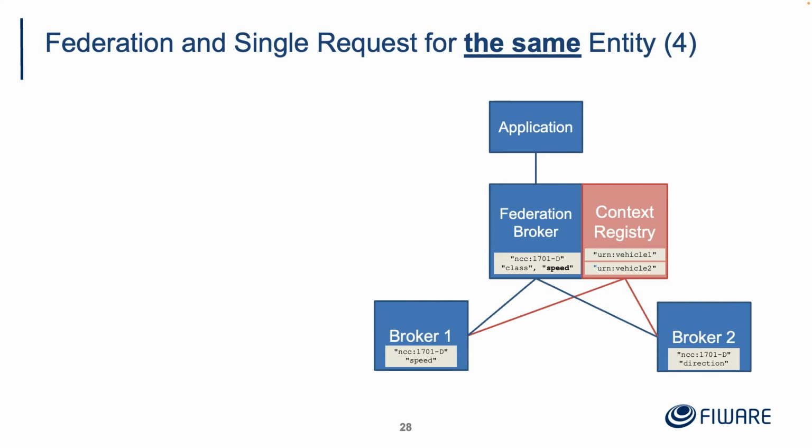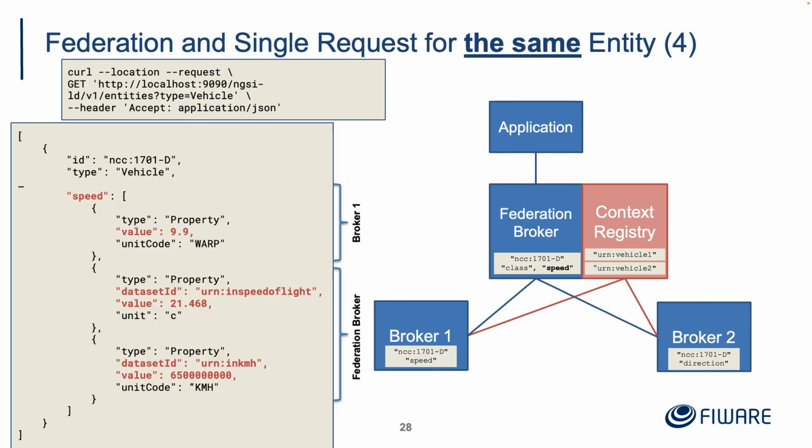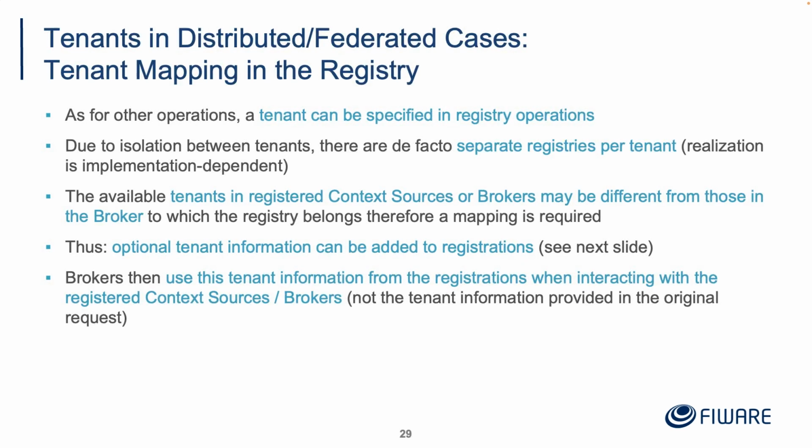Now, you can also get a request for the same entity where you would get the data from the federation broker, and you would get the same data with a datasetId from a broker 1. So this is a way of distributing your data to multiple context brokers.